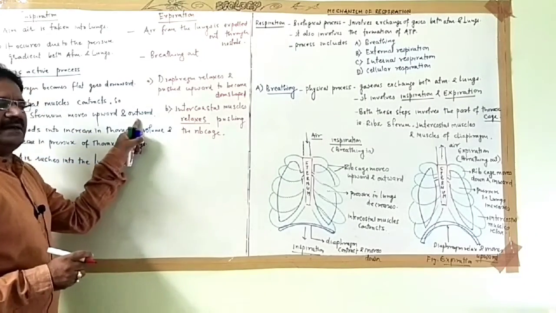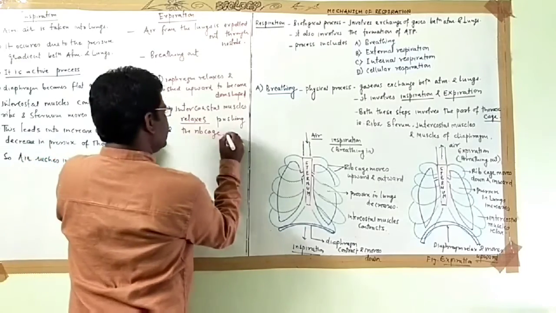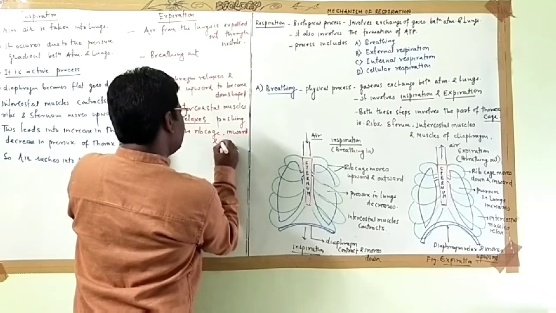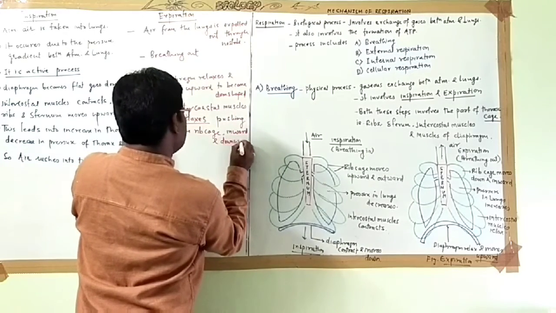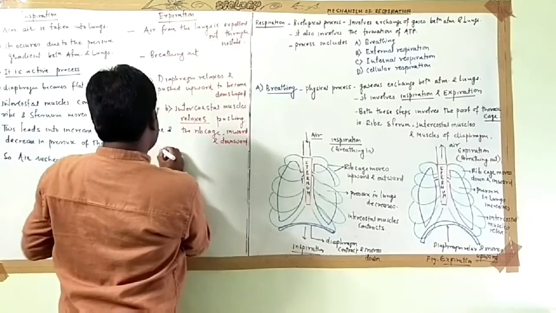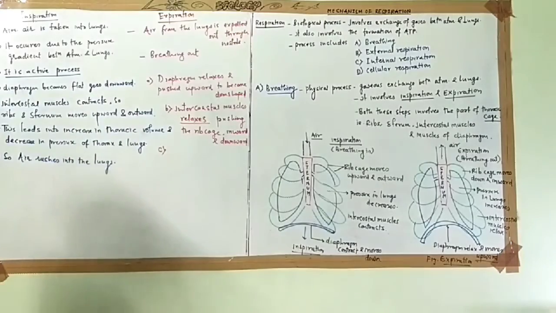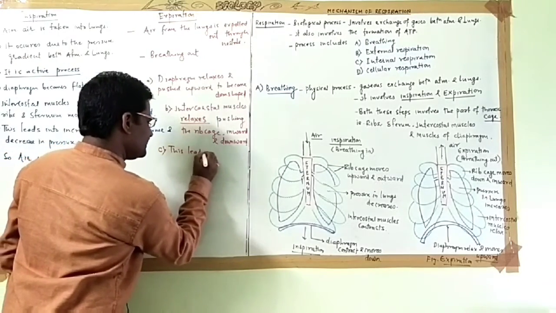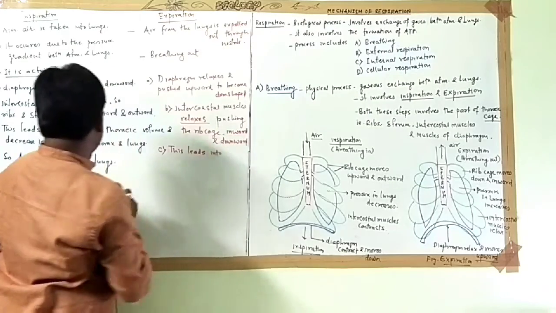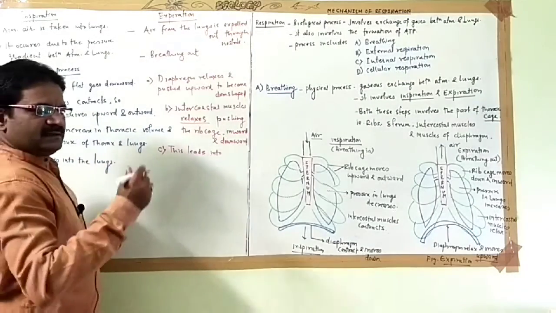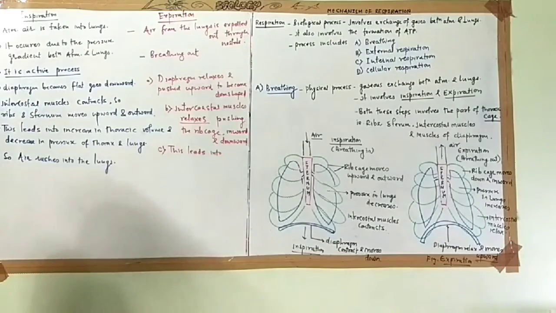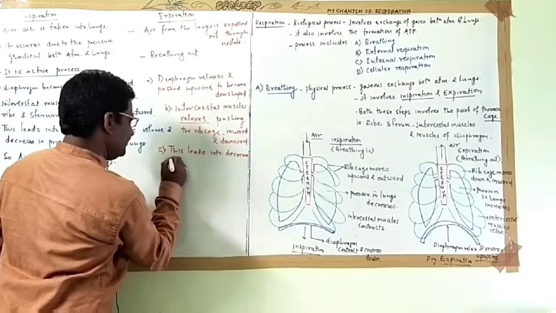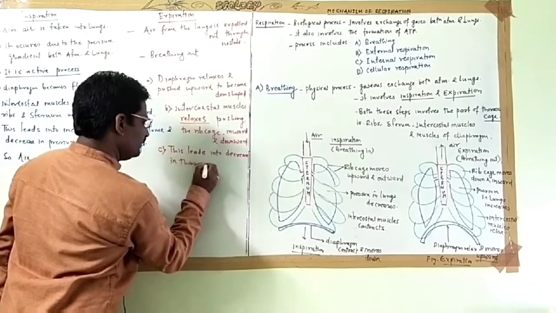Here it will be inward and downward. Pushing the rib cage inward and downward. Okay. Next, that is number C. This leads to a decrease in thoracic volume.